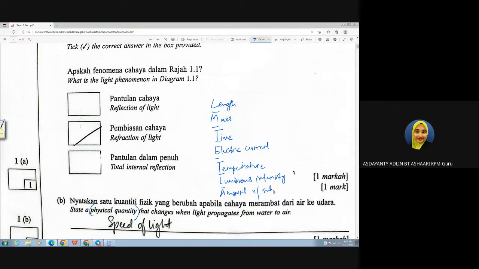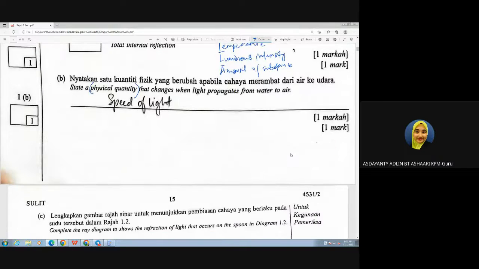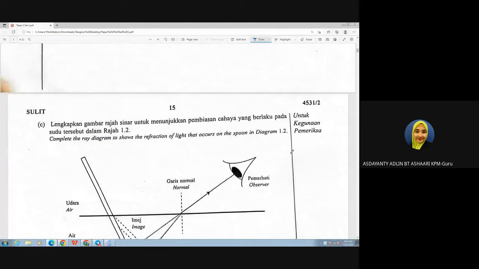This is base quantity. So base quantity is a physical quantity, a quantity that can be measured. Then we have derived quantity. Examples of derived quantity: speed, volume, what else? Displacement, acceleration. All of those we can measure. So a physical quantity is anything that can be measured.